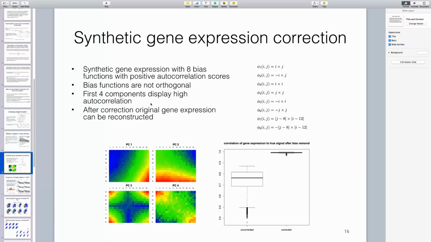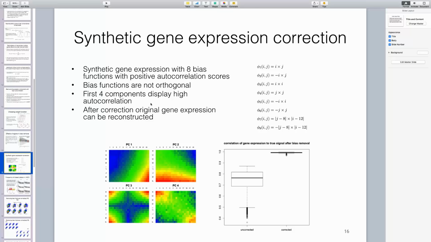If we do this randomly 500 times, we can take the original gene expression and correlate it to the modified gene expression after adding the biases. This is what we see in the box plot on the right. Our modified gene expression correlates to about 0.75 with the true gene expression.